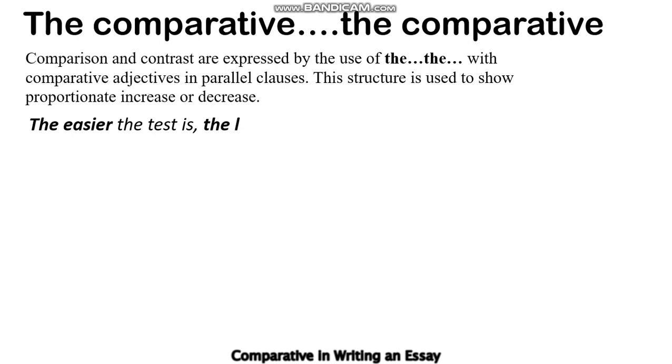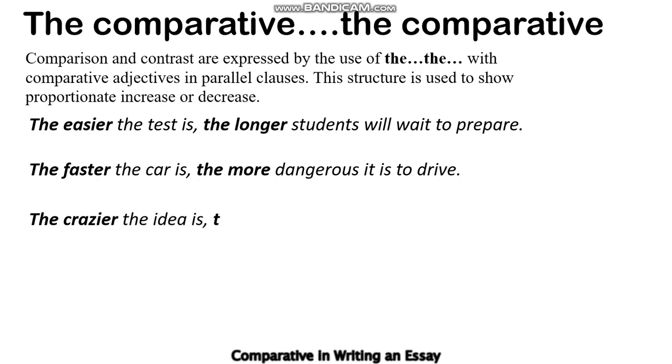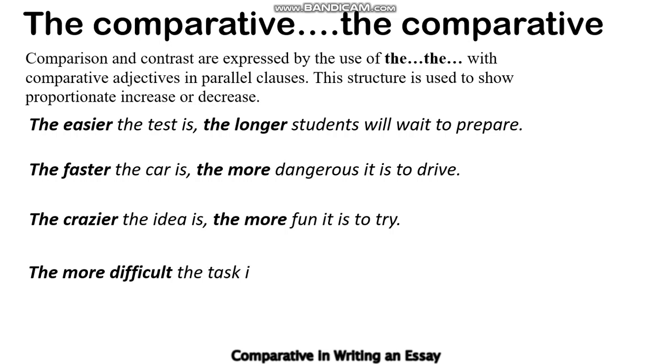The easier the test is, the longer students will wait to prepare. The faster the car is, the more dangerous it is to drive. The crazier the idea is, the more fun it is to try. The more difficult the task is, the sweeter it is to succeed.